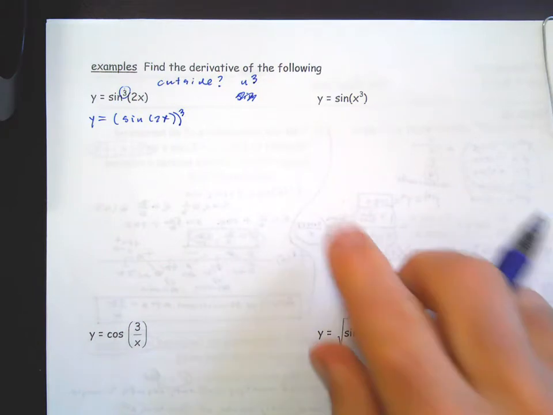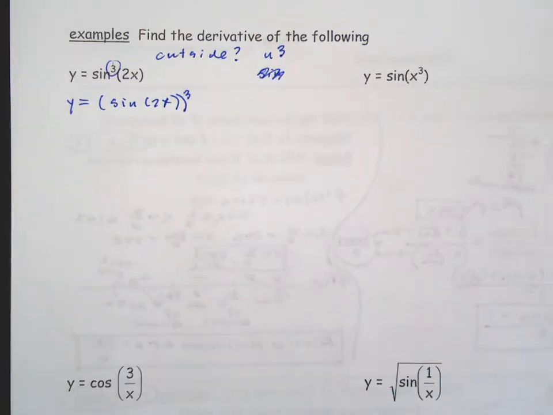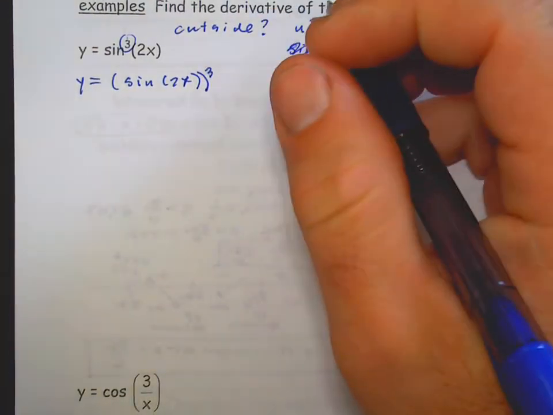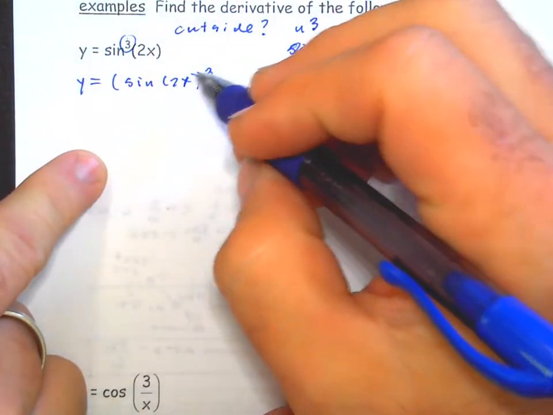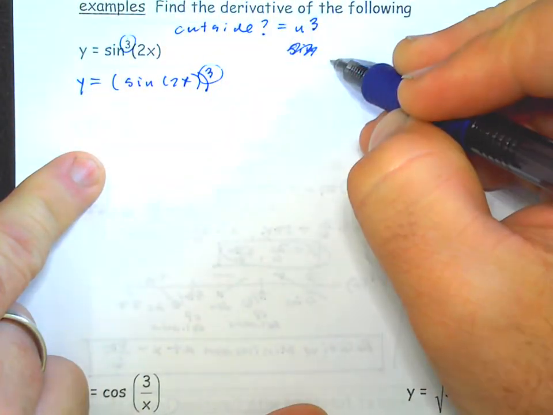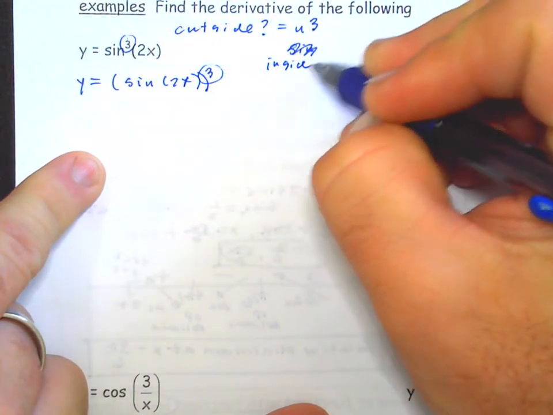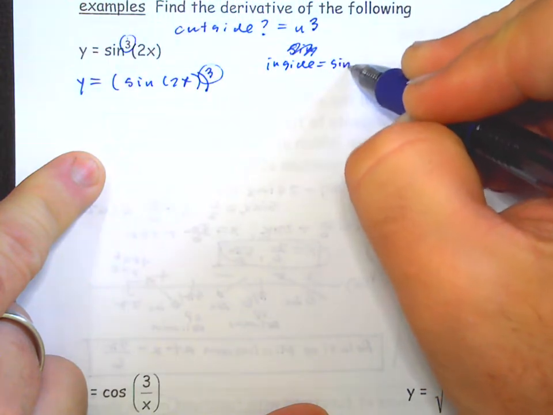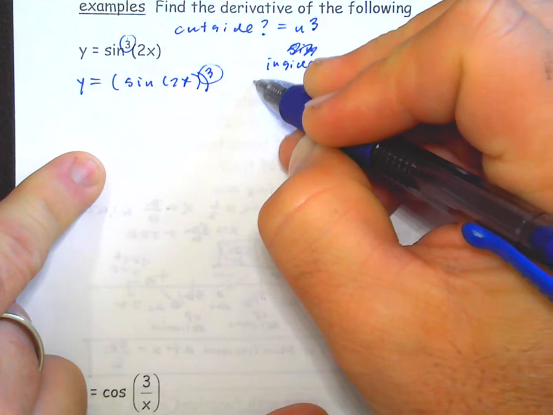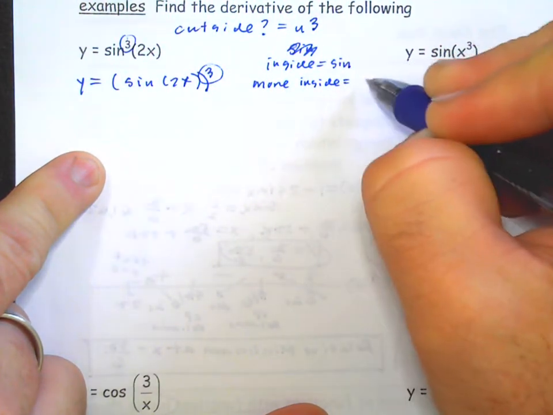This is just the lazy way of writing it, which is always written like that, but this is what it means. So the outside function is definitely the cubed, and then the inside function would be the sine. But the problem is that there's an even more inside function on this one, and it's the 2x.